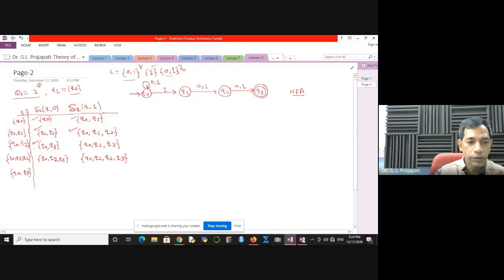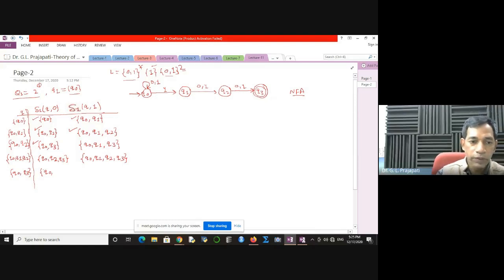If you are at Q0, for the input 0, your machine goes to Q0. If you are at Q3 and the input is 0, your NFA goes to the empty state, meaning the null set.